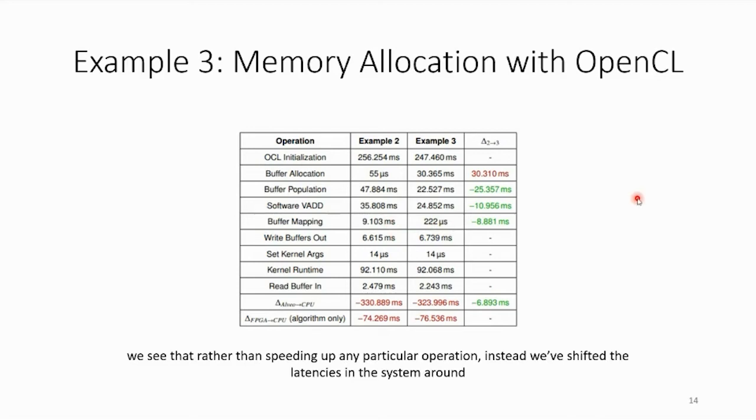Example 2 is we create the buffer in user space, but transfer the pointer to OpenCL. Here I would like to mention something: when you want to allocate a buffer, normally you trap into the OS kernel because the OS kernel handles all the memory management.